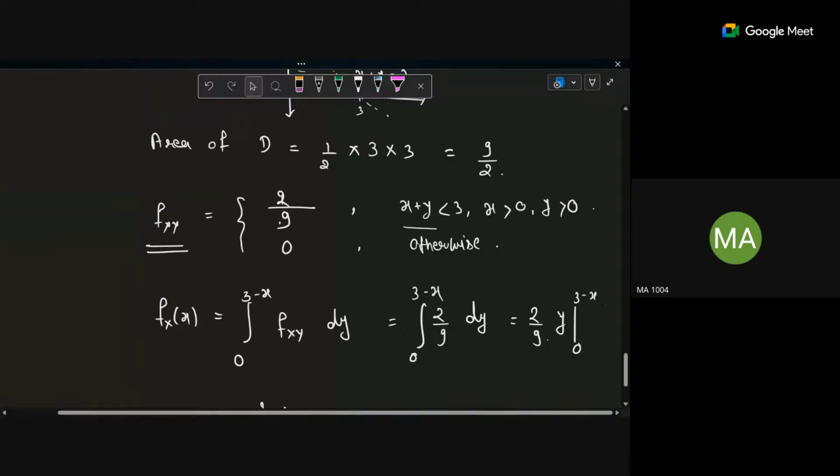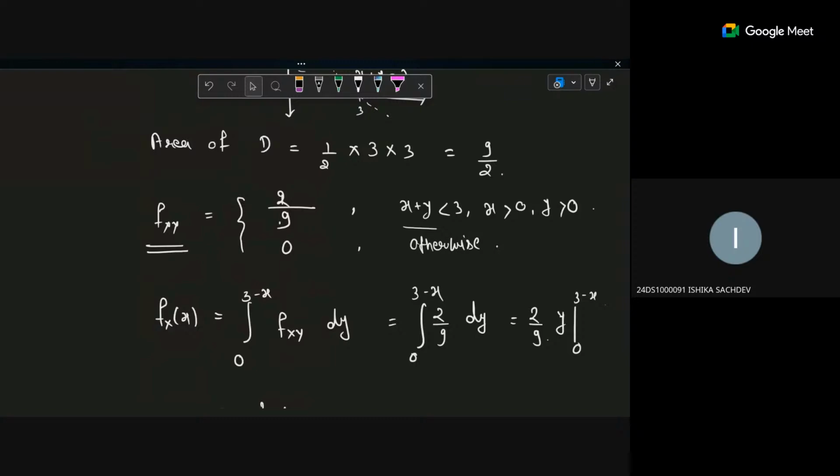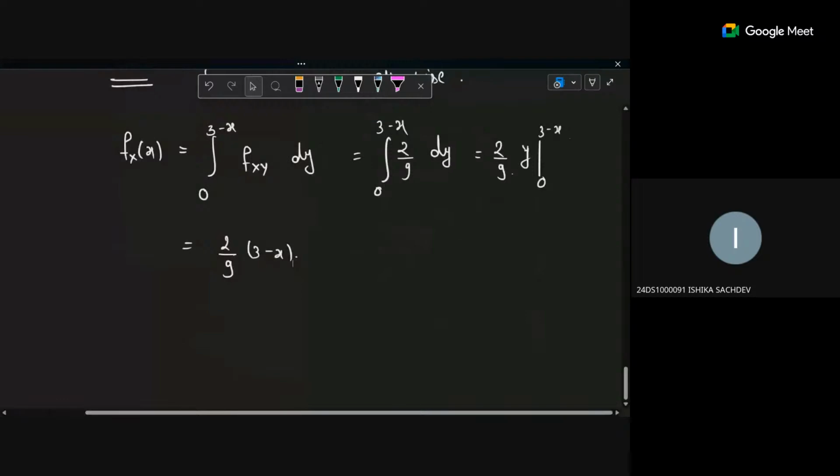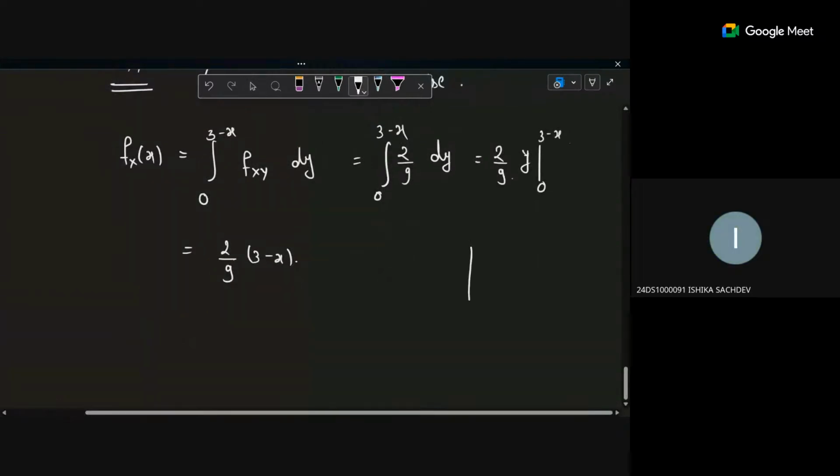Ma'am, I was asking, when we find the marginal of any particular random variable, we do slicing in order to understand the limits. First, we should integrate it. Yes. So in the graph, do we do vertical slicing or horizontal slicing for x?